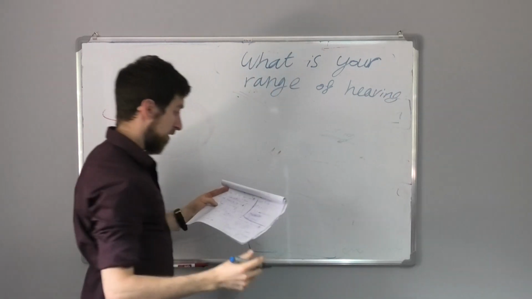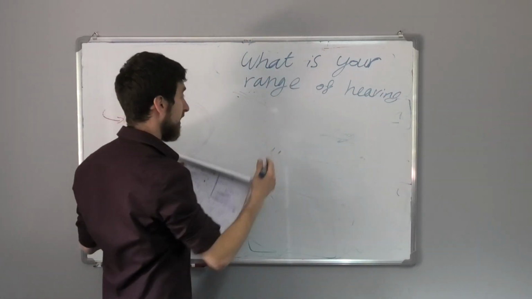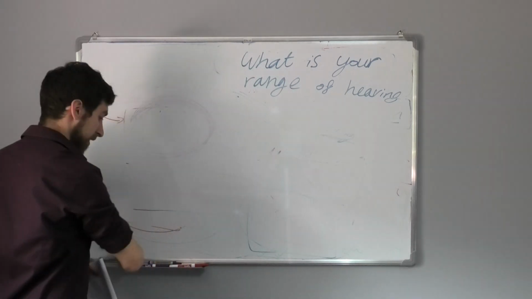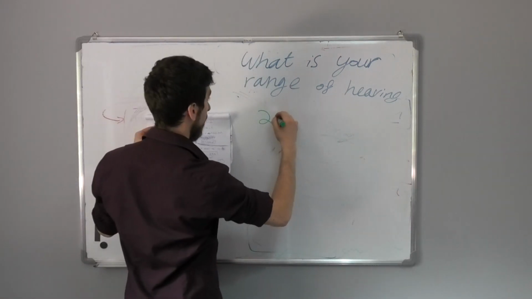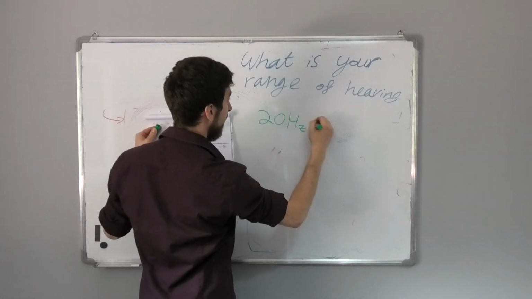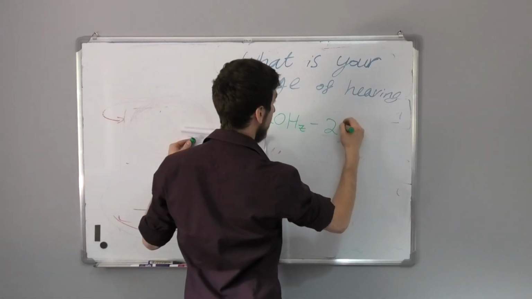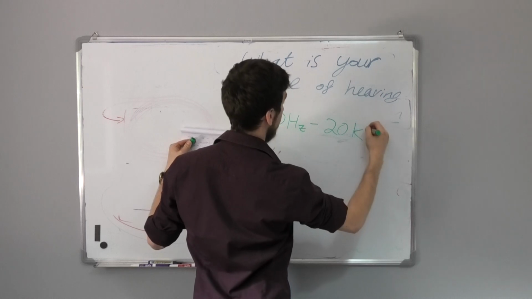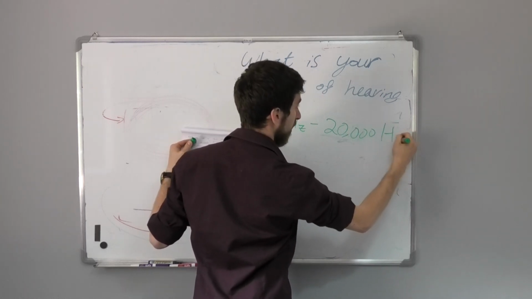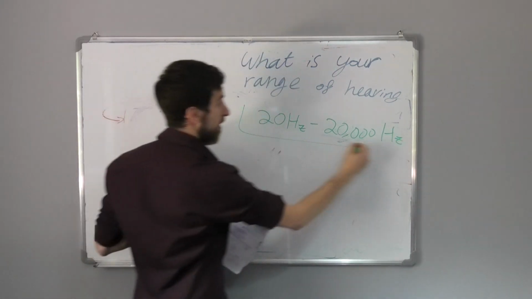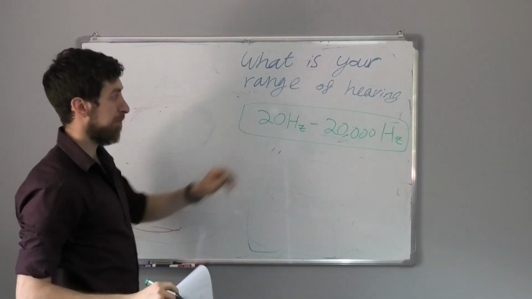In general, people say that the human ear can, in the extreme, hear frequencies from 20 hertz to 20 kilohertz. Okay, let's do the 0, so it's more distinguishable. Kilohertz. So that's what you can hear, okay?